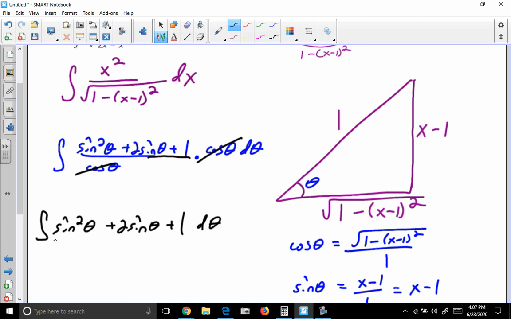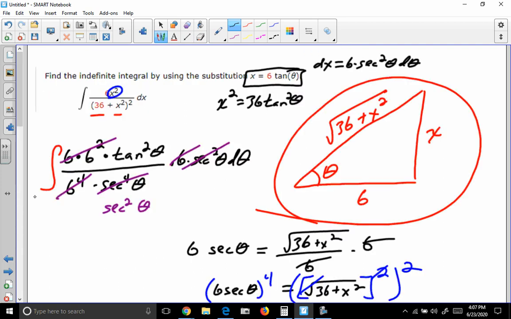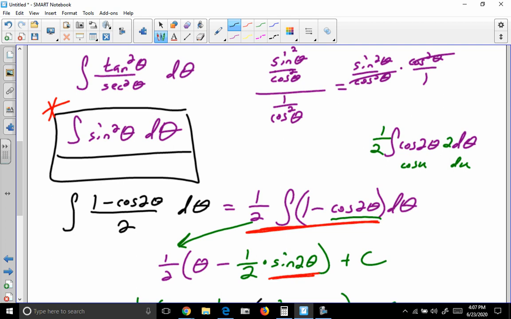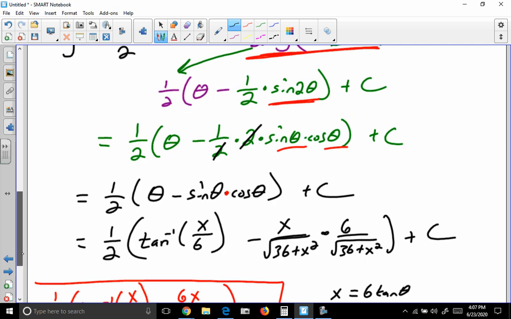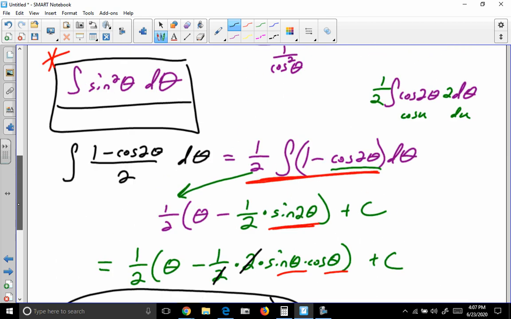Now we integrated sine squared on the last problem, so let's go back and get that integral. When we integrate sine squared, it comes out to be this. That's the integral of sine squared. Remember where that came from?